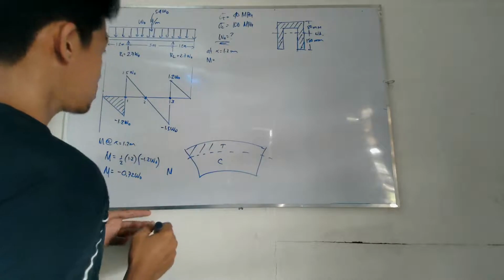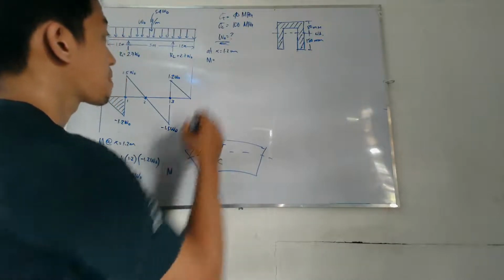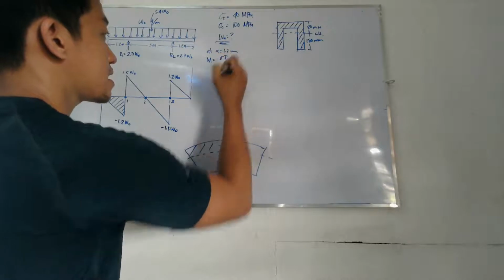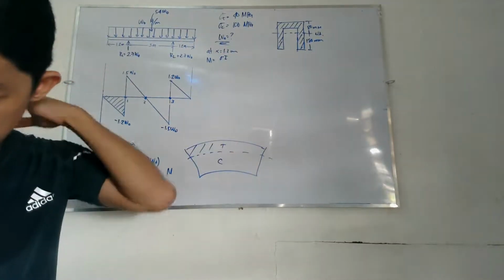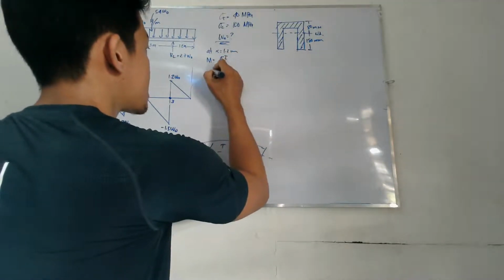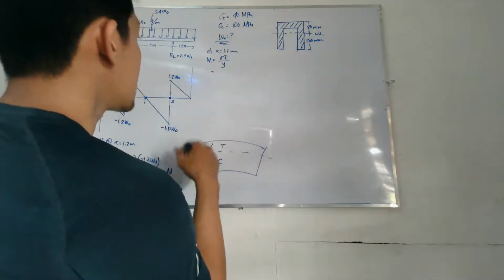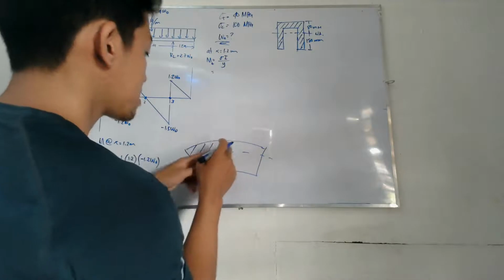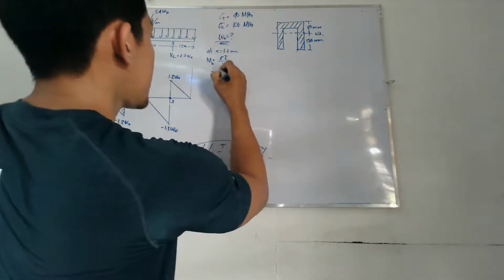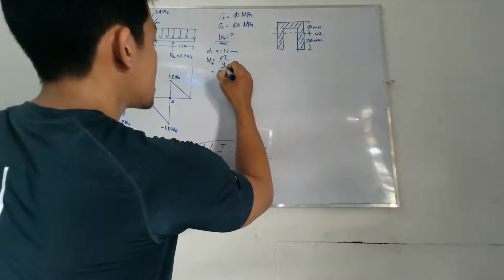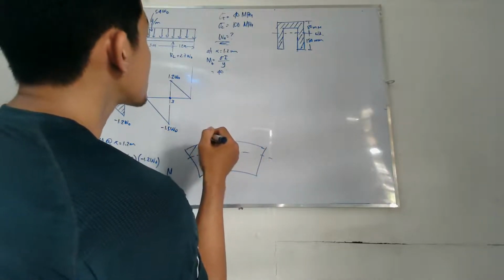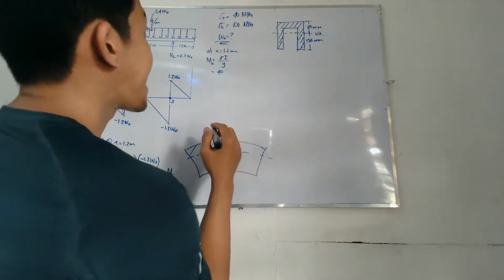Moment equal to sigma I over y. Right? So, sigma. Moment for tension. So, tension 40 megapascal.